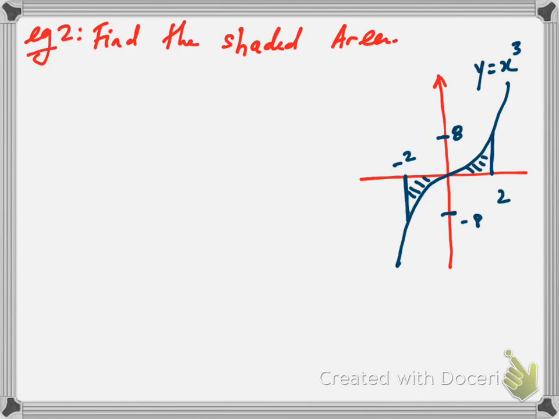If we have a look at y equals x cubed, a cubic, and we want to find the area between x equals -2 and 2, the shaded area that is given here, as you can see. If we just apply the formula directly, we get area is equal to the integral from -2 to 2 of x cubed dx.